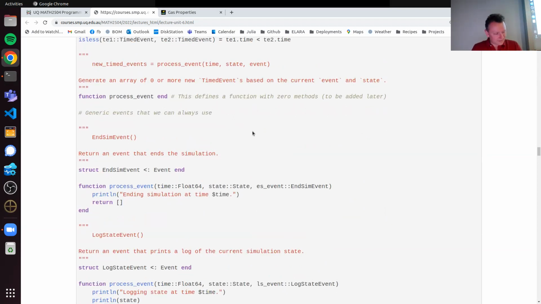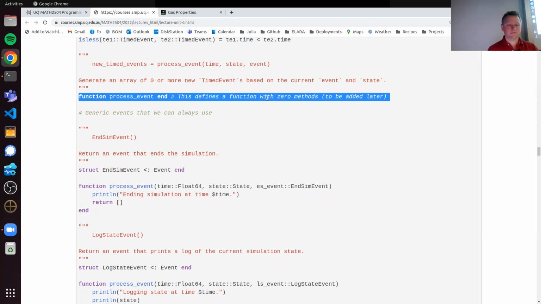All right, there are going to be some structs, I apologize, some generic definitions going on here. This syntax defines a function with zero methods. So there's going to be processEvent.